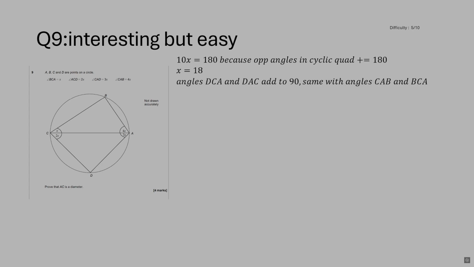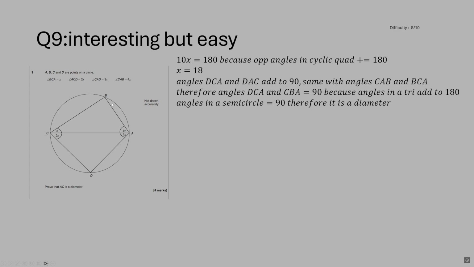Then we can find x, and we know that these two pairs of angles both equal 5x, which both add to 90, which means that these two angles here are both 90. And because angles in a semicircle equal 90, we can prove that this is a diameter, because we can prove otherwise that this equals 90 without the circle theorem. But now we know it's 90, we can tell that this is a diameter, because otherwise this wouldn't equal 90.